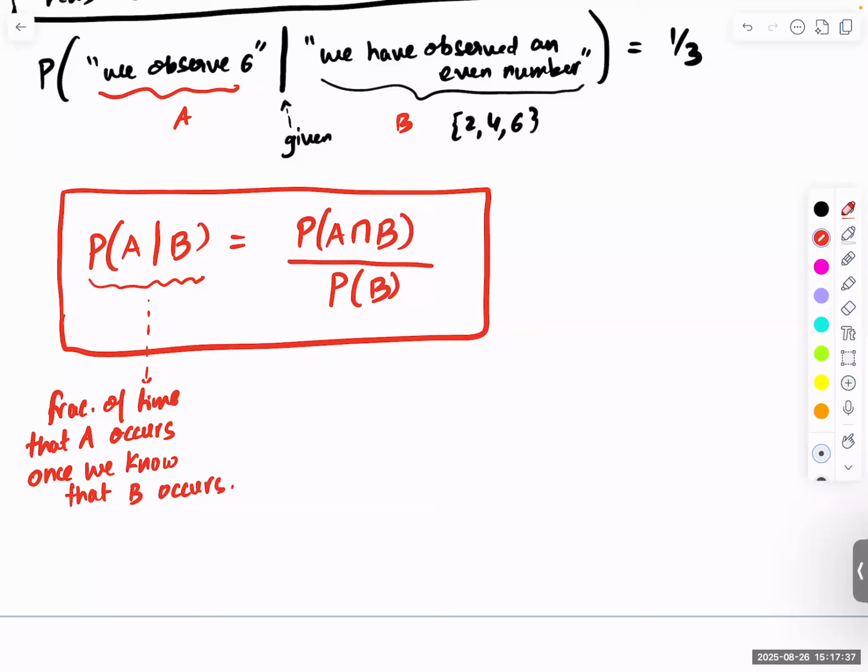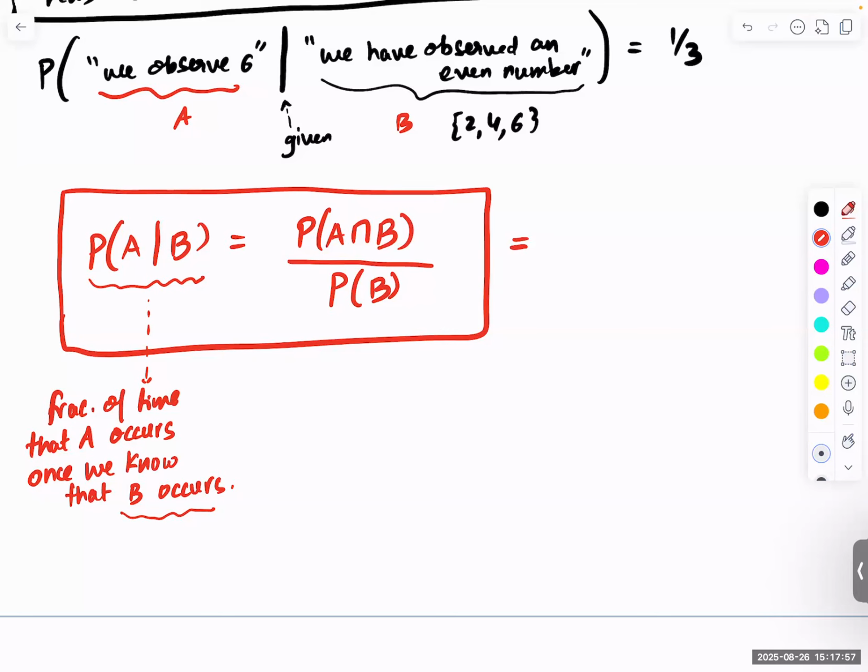And our claim is that this is equal to, so since we know that B occurs, and then on top of that, we are asking, tell me what's the chance that A occurs, given that B has already occurred, right? So this ratio is essentially capturing this fraction.